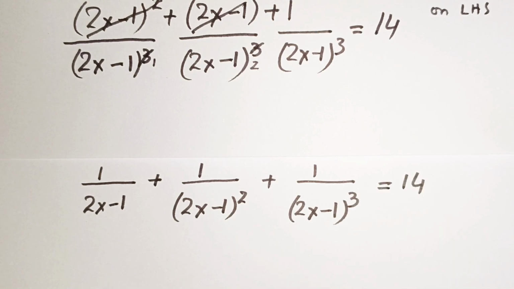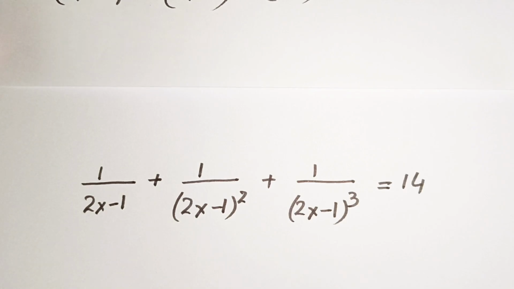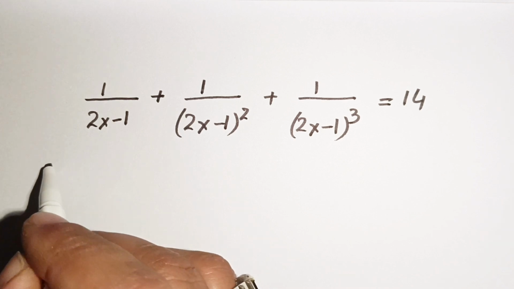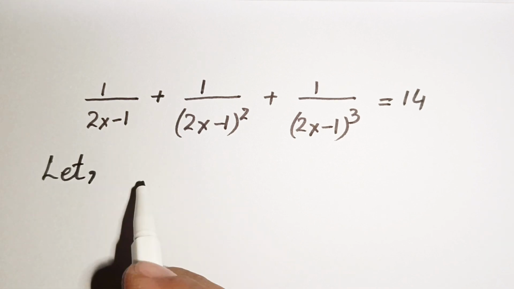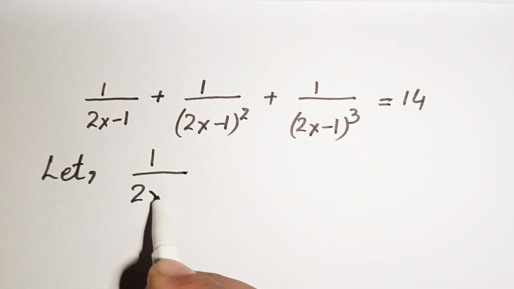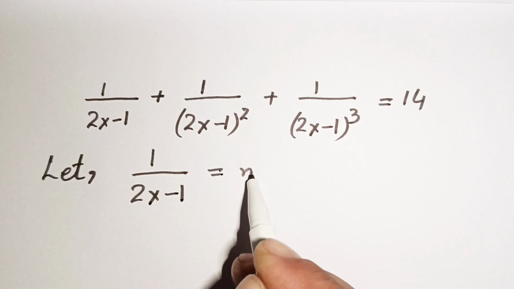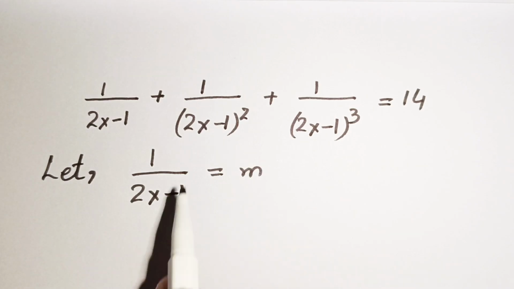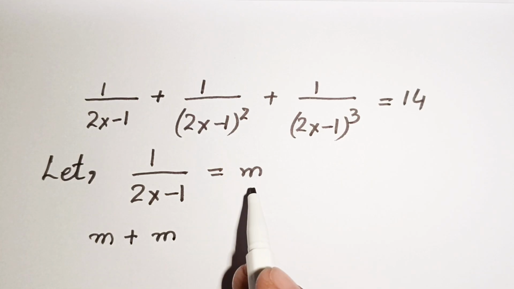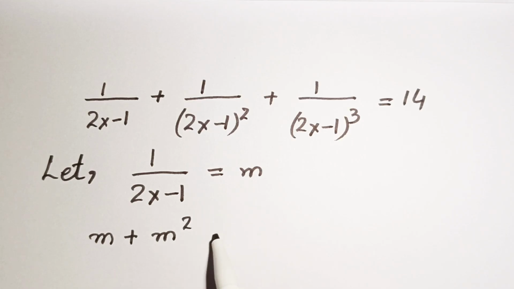Now let us suppose that 1 over 2x minus 1 is equal to m. Substituting this value in our equation, we get m plus m squared plus m cubed, equal to 14.